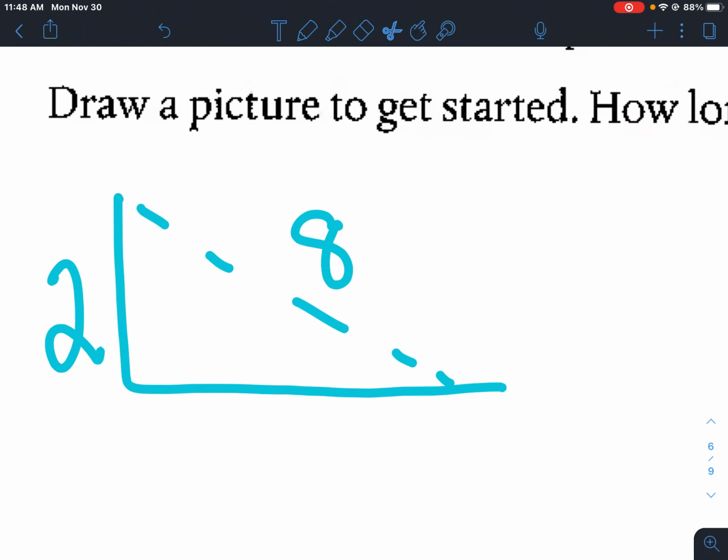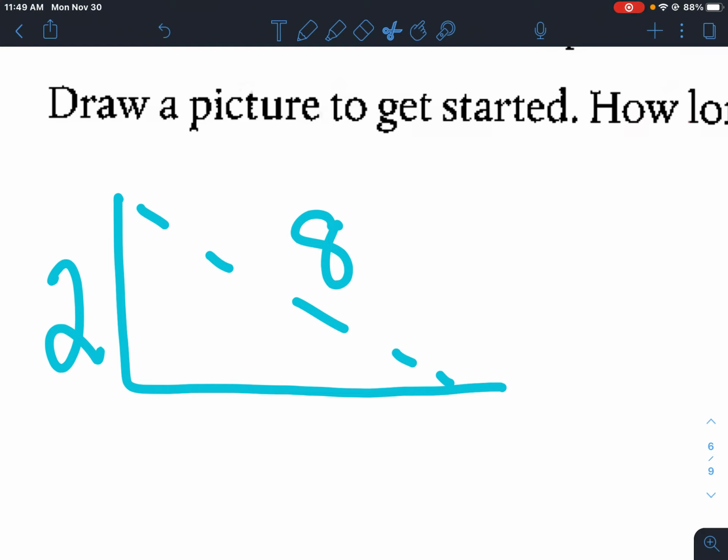The only other piece of information I was given is that I'm using a 4-foot by 8-foot piece of plywood. I'm not good at drawing 3-dimensional pictures, so this is just 2D. I've got a 4-foot wide piece of plywood by 8 feet long. I want to use the full 8-foot length of that piece of plywood, so that's why I drew an 8 there.